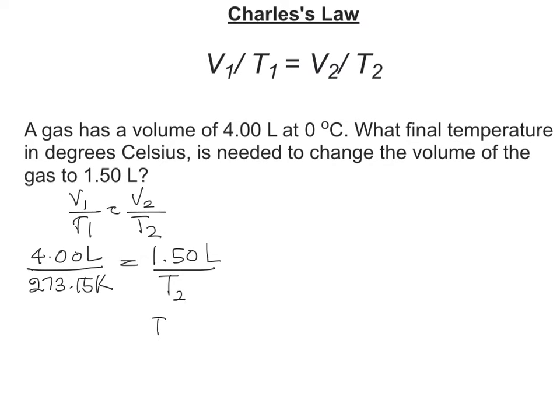So T2 will be 273.15 times 1.50 divided by 4.00. T2 comes to 102.43 degrees Kelvin.